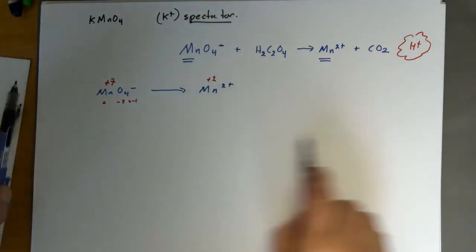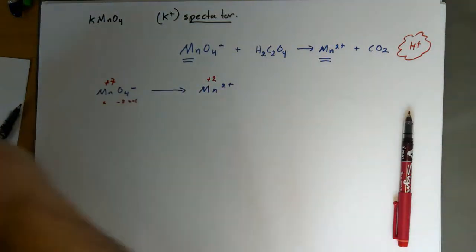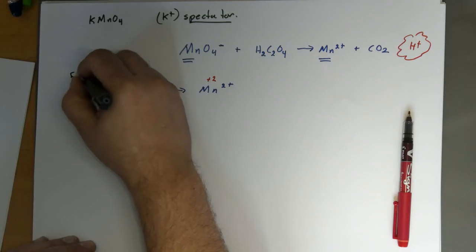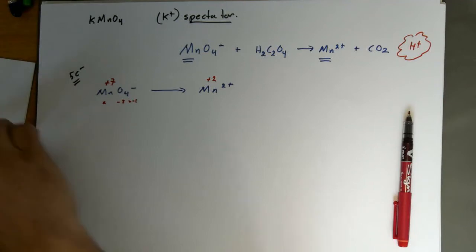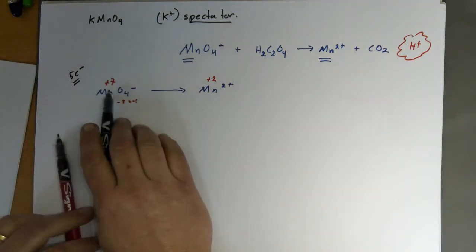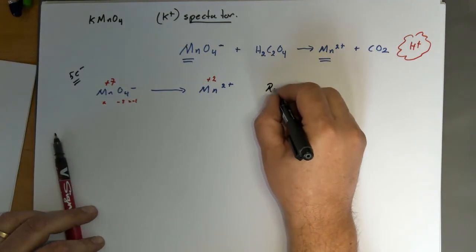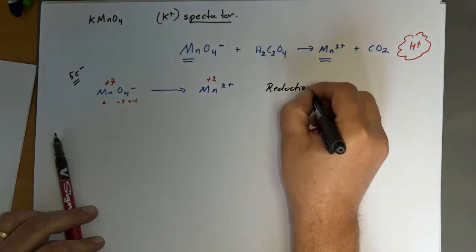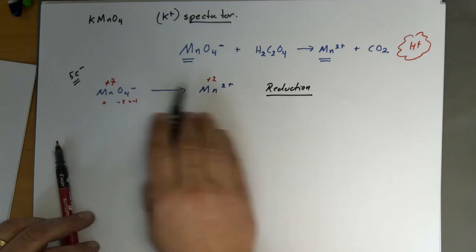So using our earlier way of approaching this problem, we realize that there's something like 5 electrons moving around here. We also know then that since the oxidation number went down, this is a reduction, because the oxidation number went from plus 7 to plus 2.